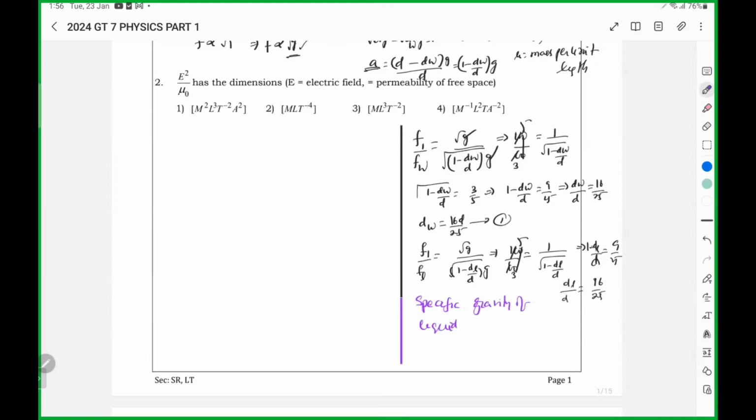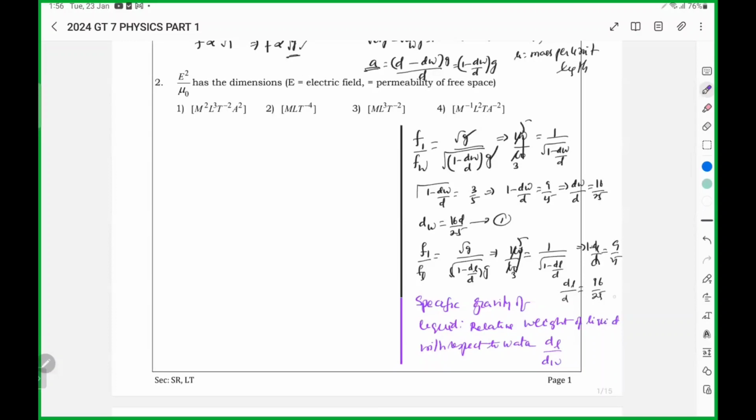The basic definition: the relative weight of the liquid with respect to water. It is the density of liquid by density of water.